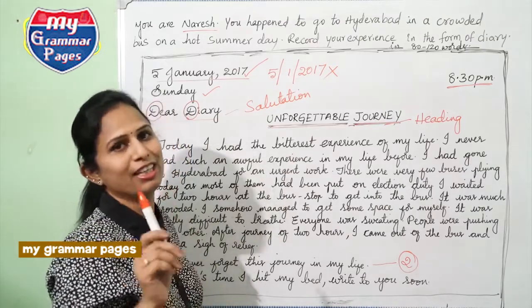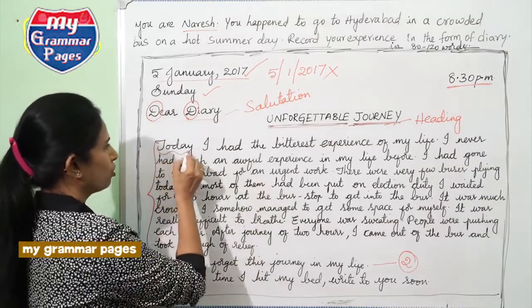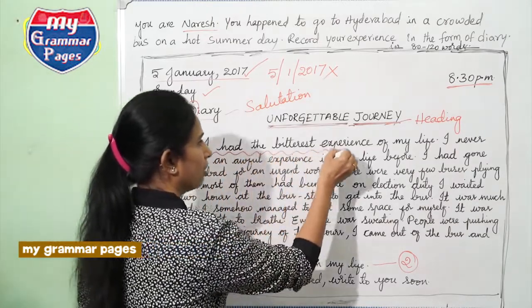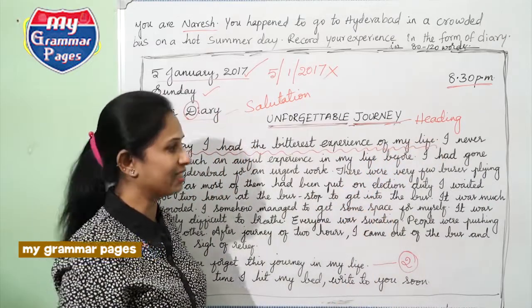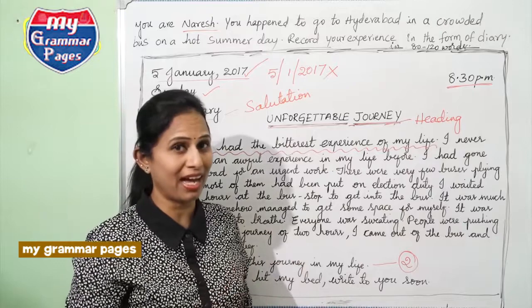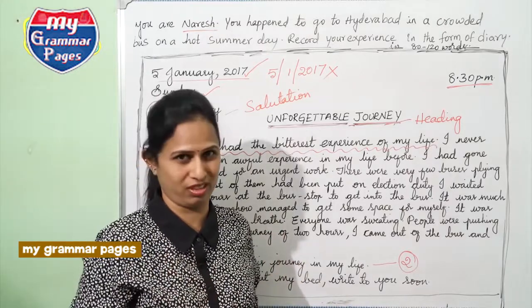At the beginning, there should be one opening statement. Let me tell you what the opening statement is. Today, I had the bitterest experience of my life, which says that your mood is very bad and you're going to write something which brought you some discomfort.